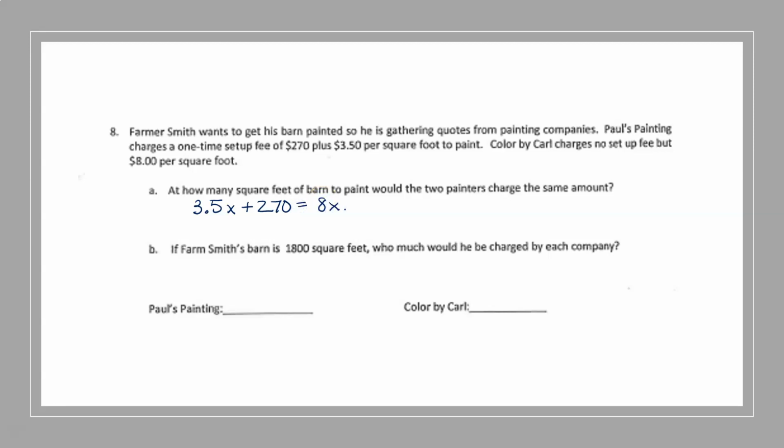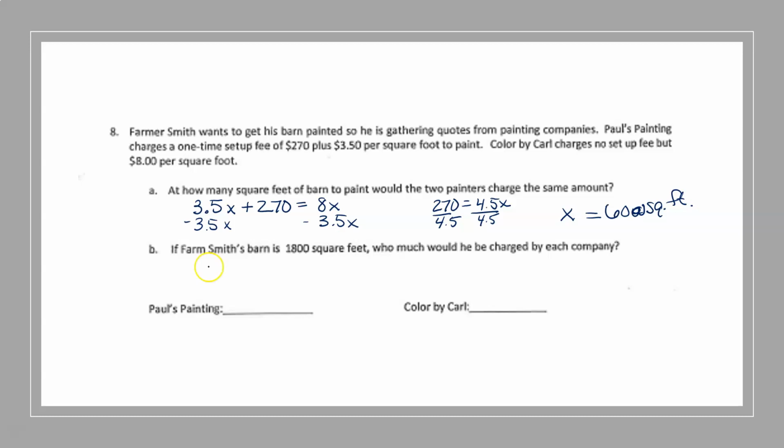square feet. Okay, so we are going to subtract 350 from both sides, 350x. We have 270 is equal to 450x. And if you divide by that 450, x is 60. So after 60 square feet, the two cost the same.